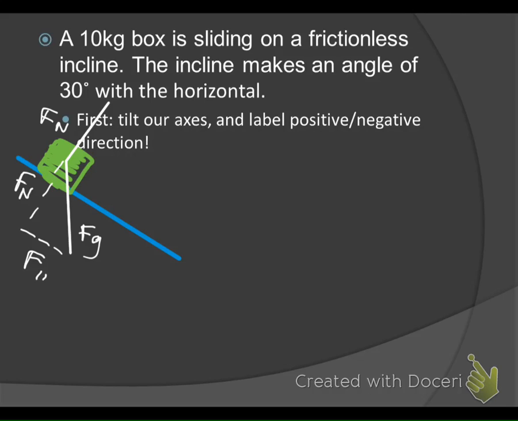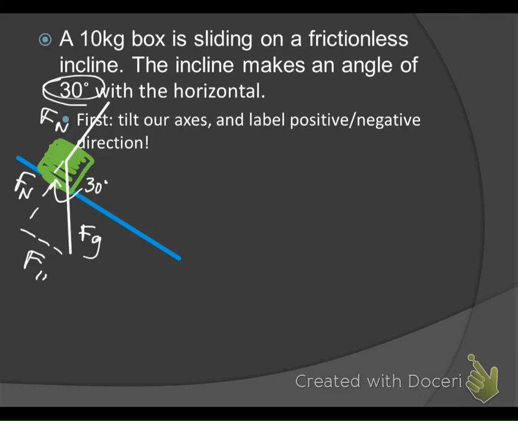All right, what else do we know for this problem? We know the angle. Okay, so this angle right here is 30 degrees. What do you think the first step should be here?